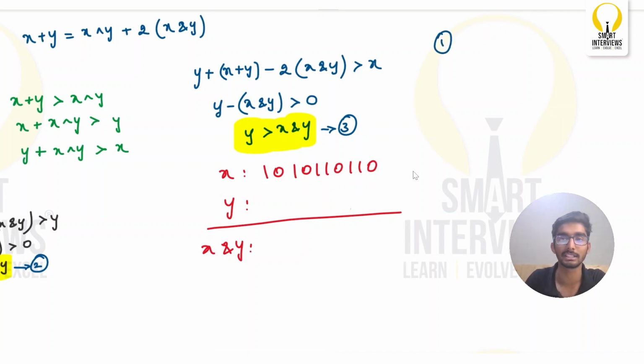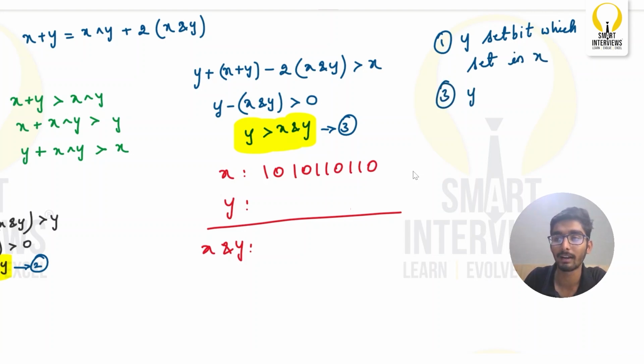First one, when we were discussing equation 1, we got that y needs to have at least one set bit which is set in x, right? From equation 3, we got that y needs to contain at least one set bit which was unset in x.